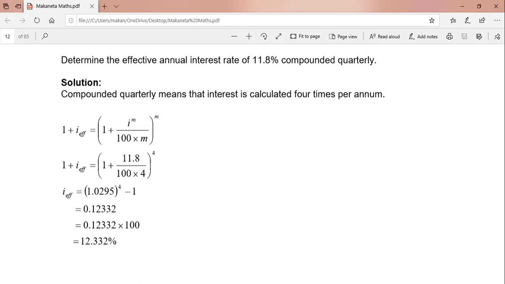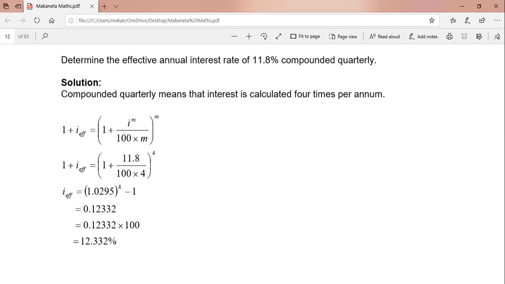In fact, it's 4 quarters, so you divide by 4. So even your exponent there becomes 4, because that is the number of times wherein the interest is generated. So it's compounded quarterly. So it's 4 times in a year. So basically, you can substitute and make the effective annual interest rate the subject of the formula.